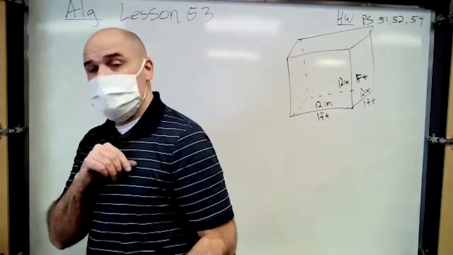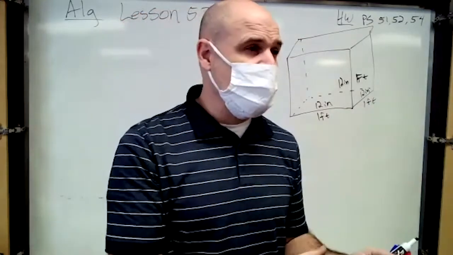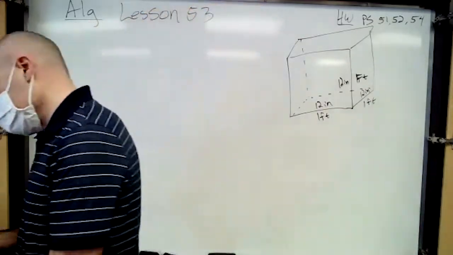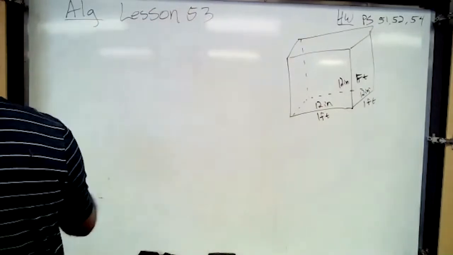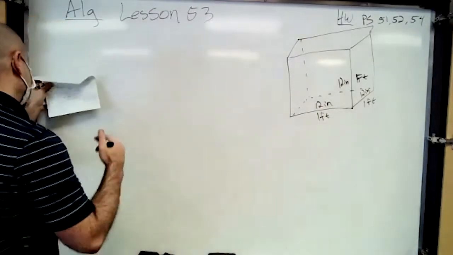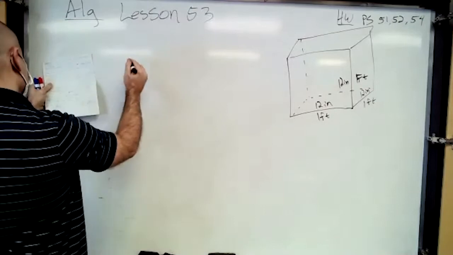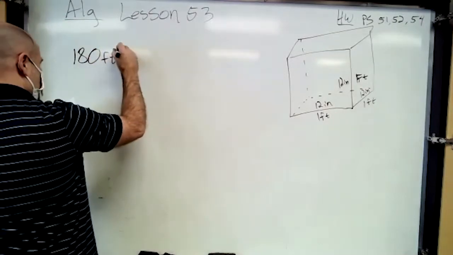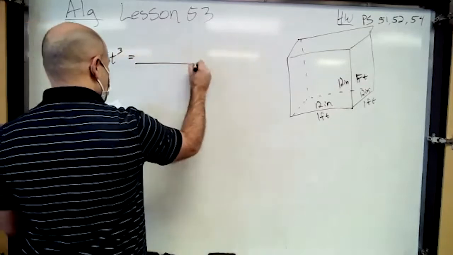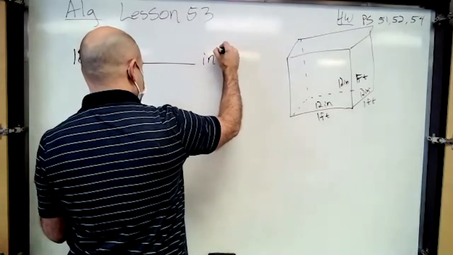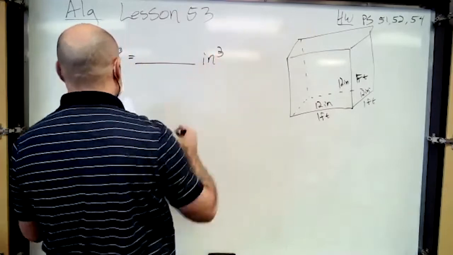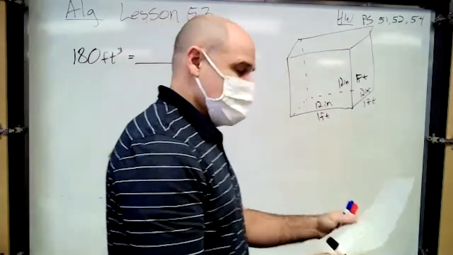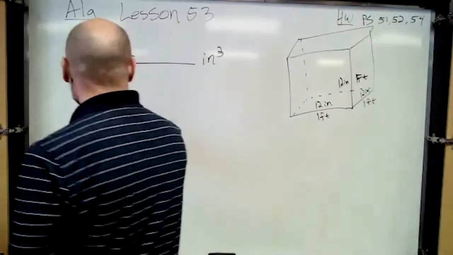All right, if that's confusing to you, that's okay, because you can just use unit multipliers. Unit multipliers are a little bit easier to get your head around. So for example, let's do 180 cubic feet equals how many cubic inches? How do we do unit multipliers?